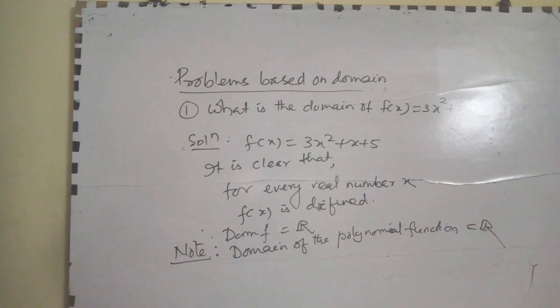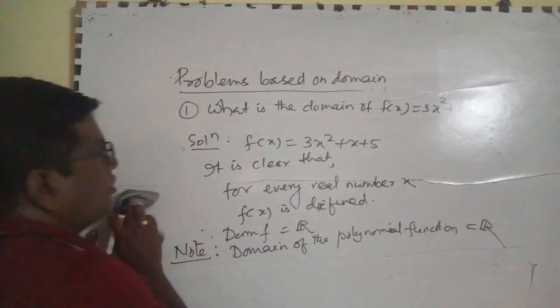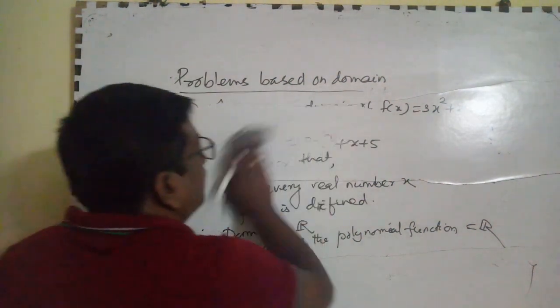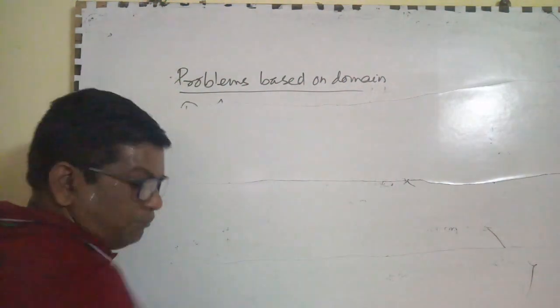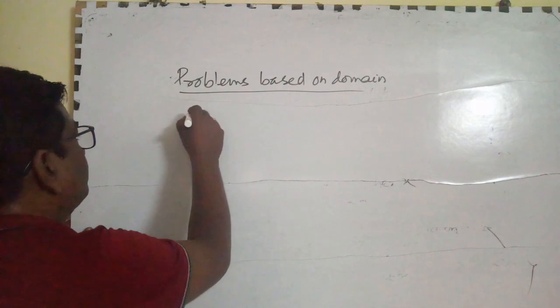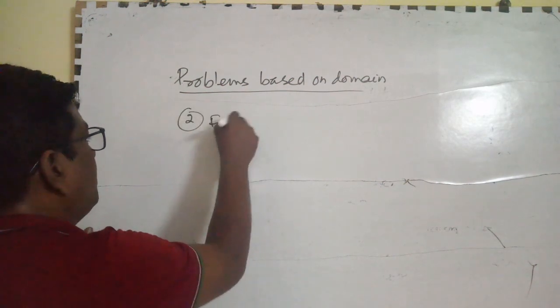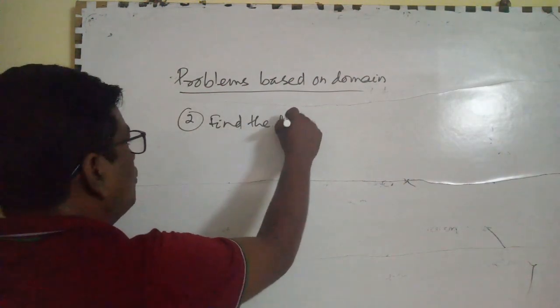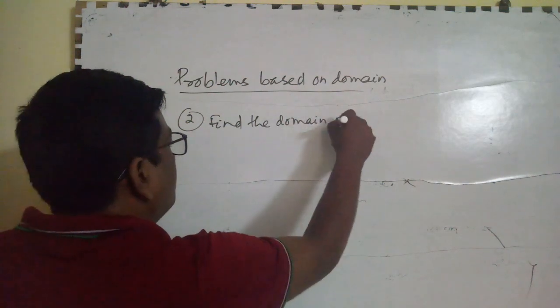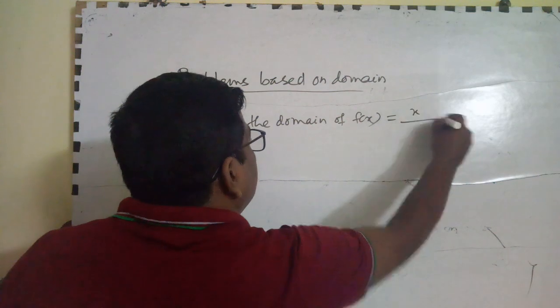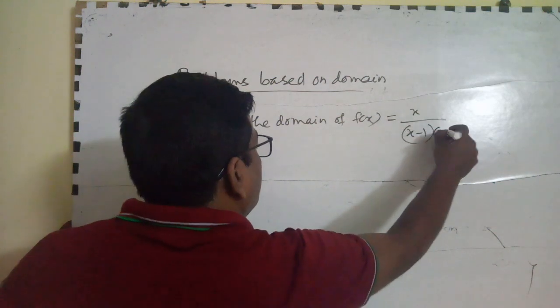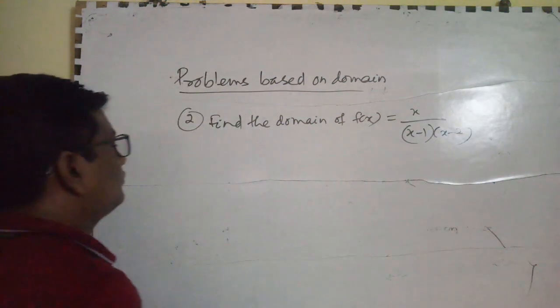Now question number 2. Find the domain of f of x is equal to x by (x minus 1)(x minus 2).